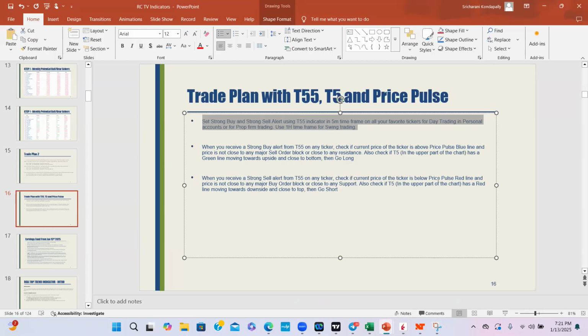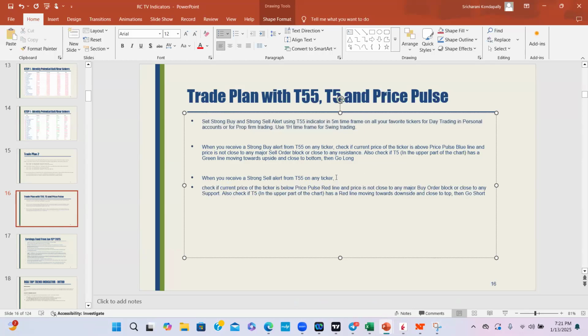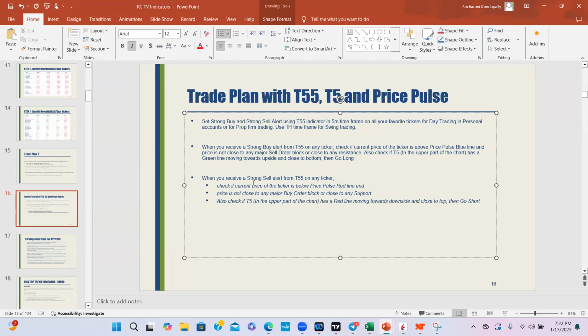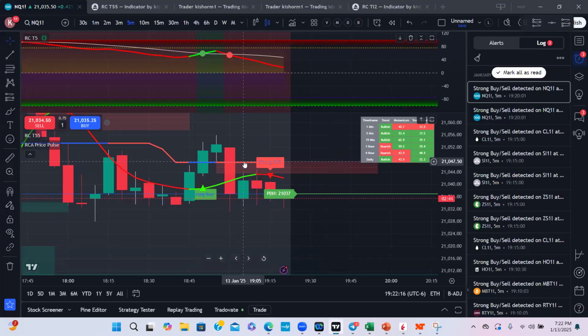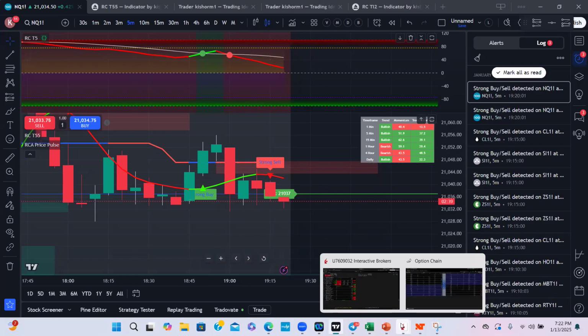Check if the current price of the ticker, you can put it like this. When you receive a strong sell alert from T5 on any ticker, check if the current price of the ticker is below the price pulse red line. So this is your price pulse line. So it is below the price pulse line.